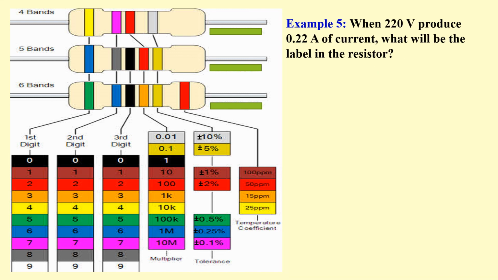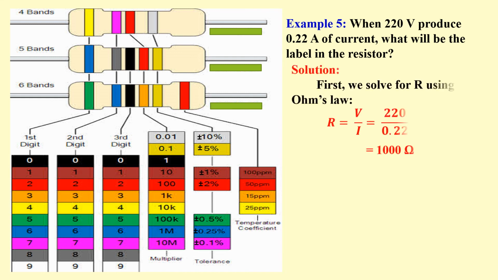Example number 5. When 220 volts produce 0.22 ampere of current, what will be the label in the resistor? Solution. First, we solve for R using Ohm's law. R equals V over I. So, substituting, we have 220 over 0.22 amperes equals 1,000 ohms.